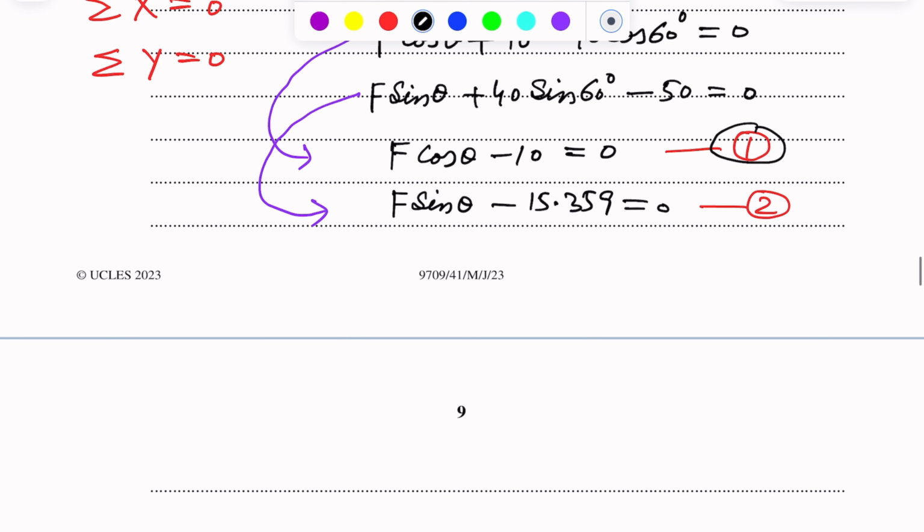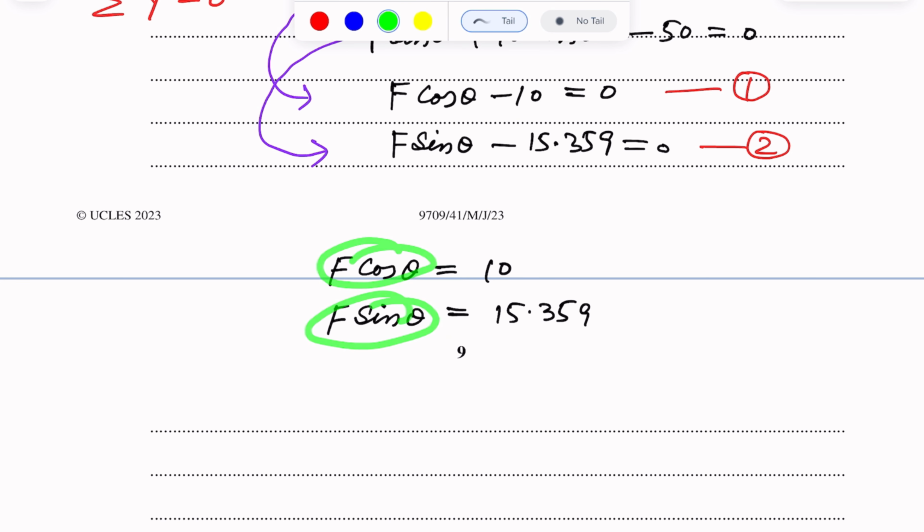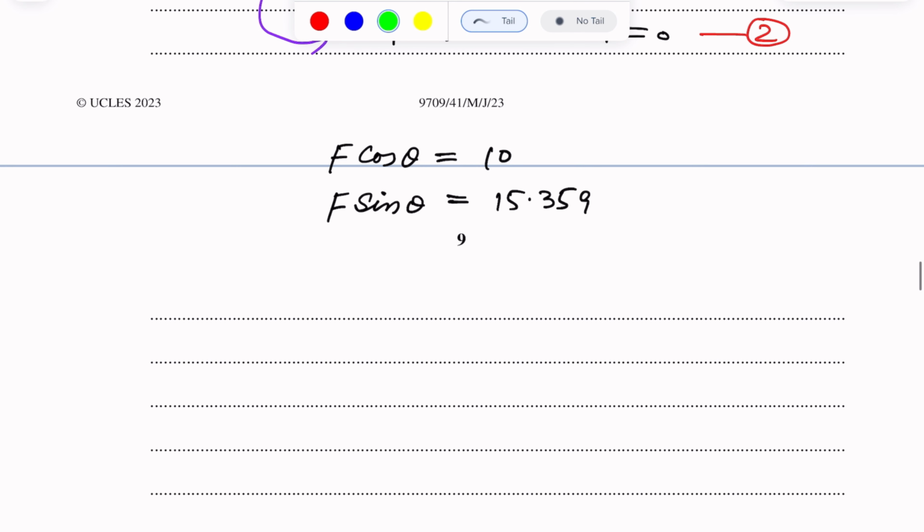Now from equation 1, we can write F cos theta is equal to 10. From equation 2, F sin theta is equal to 15.359. Now we will divide these two equations. In this way, F will be cancelled out.